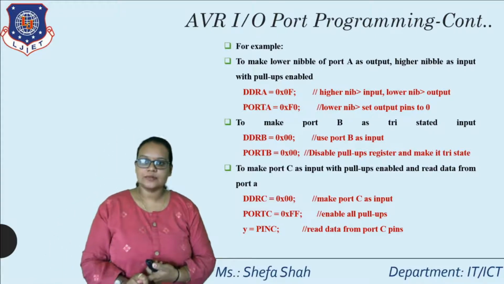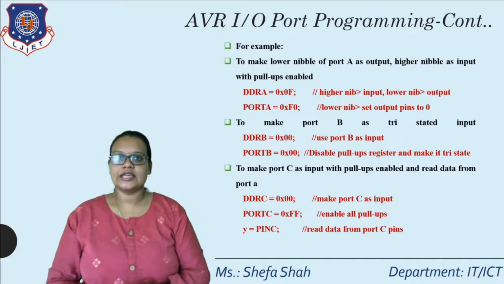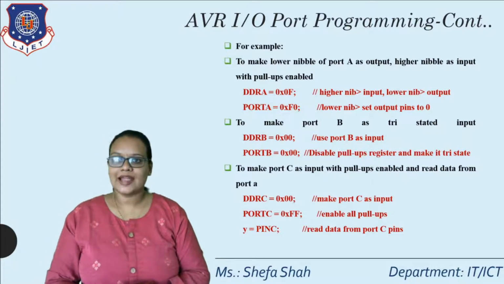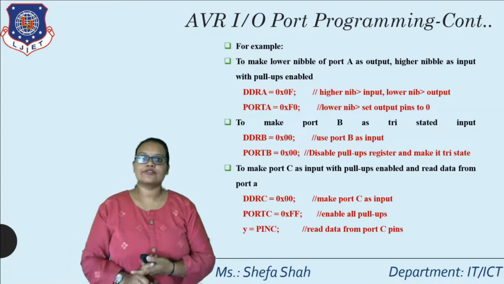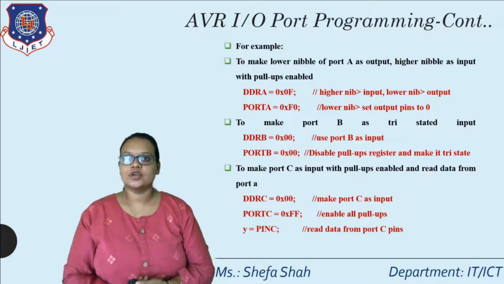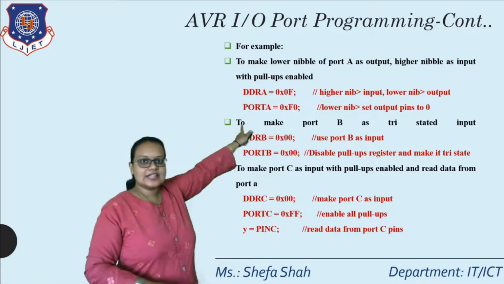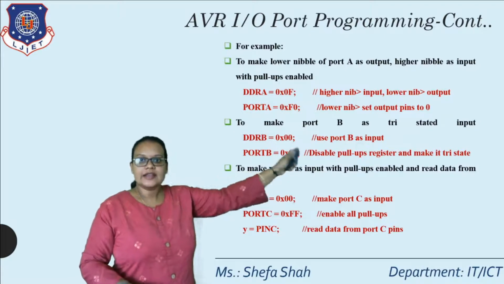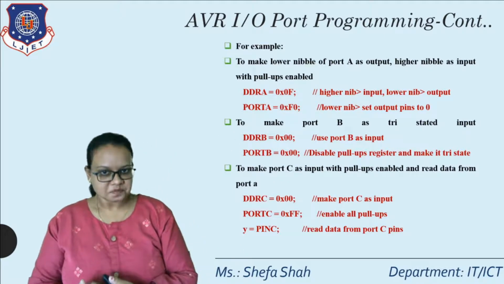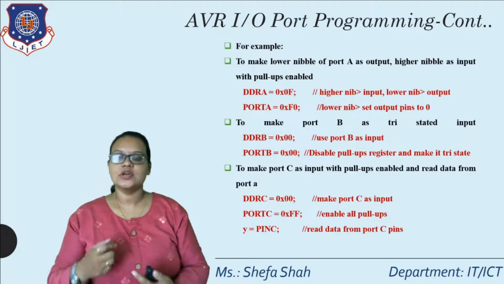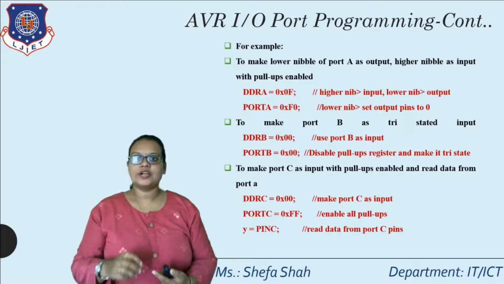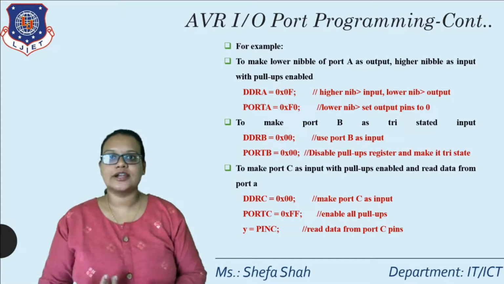And in the last example, to make port C an input with pull-up enabled and read data from it, and send it to port A, port C is working as an input port, so DDRC will be equal to 0, right? The input port PORTC is equal to 0xFF, and that particular data will be sent to port A.